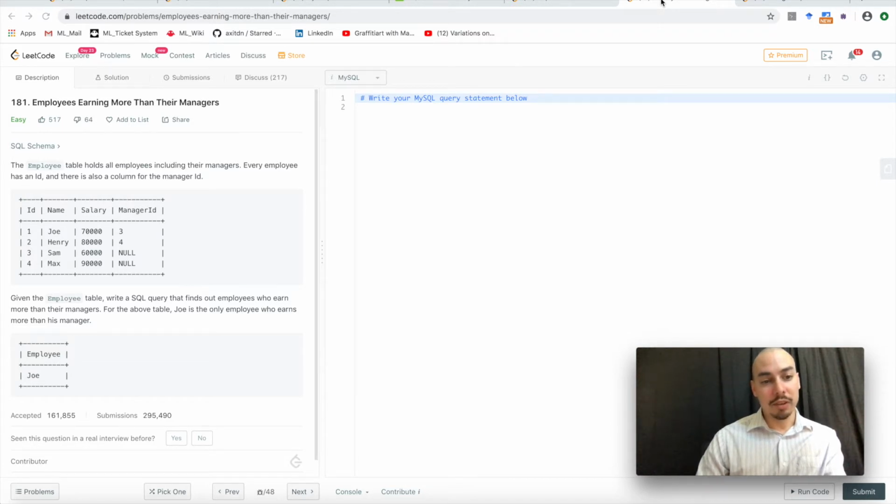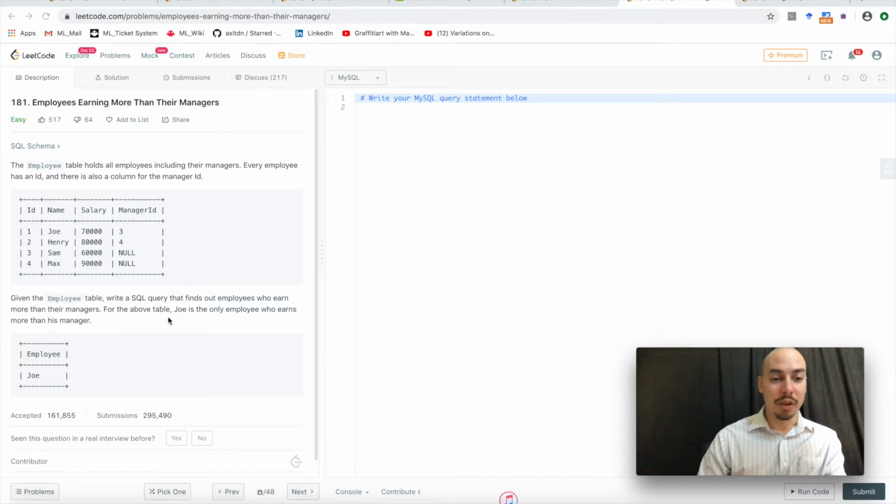Manager ID 3, 4, and null, null, apparently meaning that it's a non-manager, regular staff.